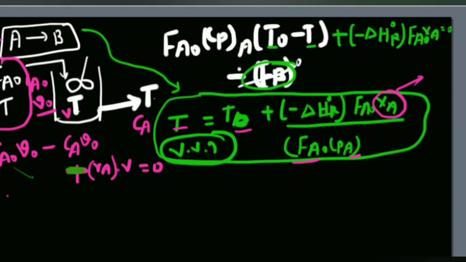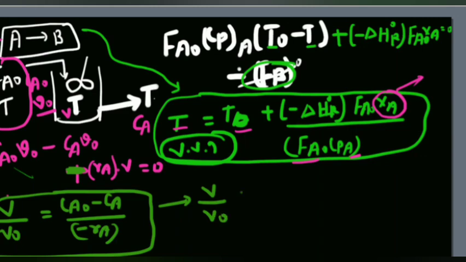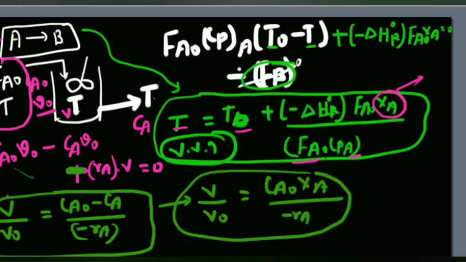Now what will you see? V upon V naught is equals to Ca naught minus Ca upon minus Ra. If you want to proceed further, V upon V naught equals Ca naught Xa upon minus Ra.